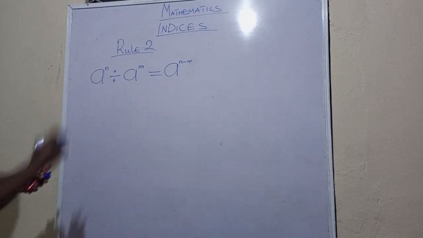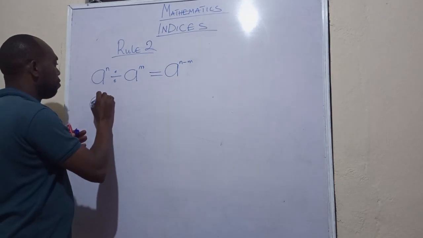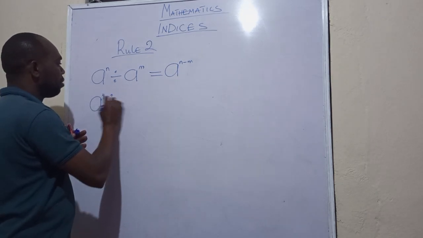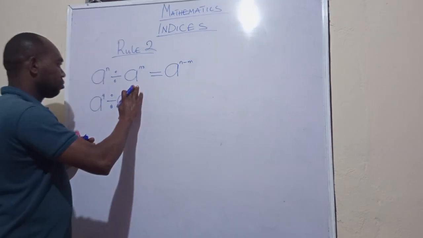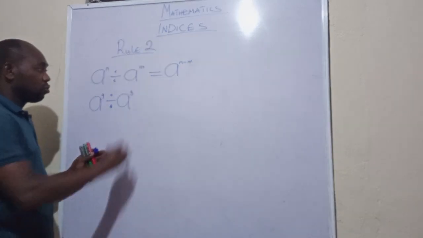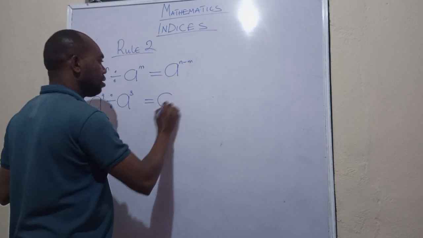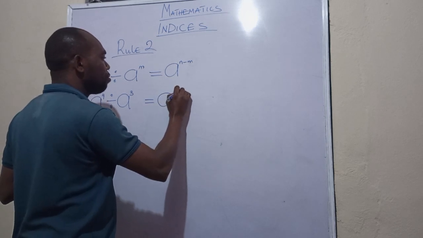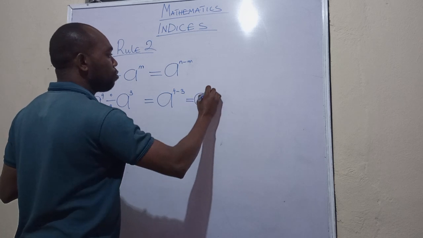For example, we will have a raised to the power of 4 divided by a raised to the power of 3. So what will happen is that we will have a raised to the power of 4 minus 3, and then it's going to be a raised to the power of 1.